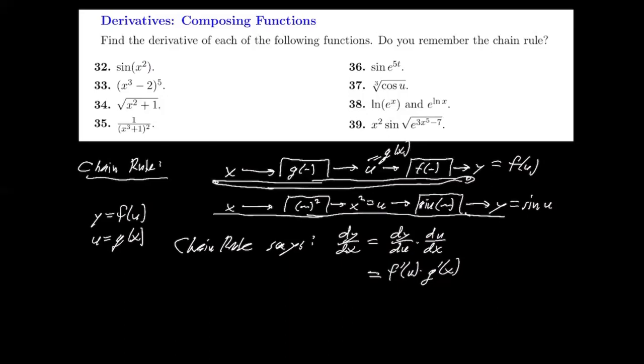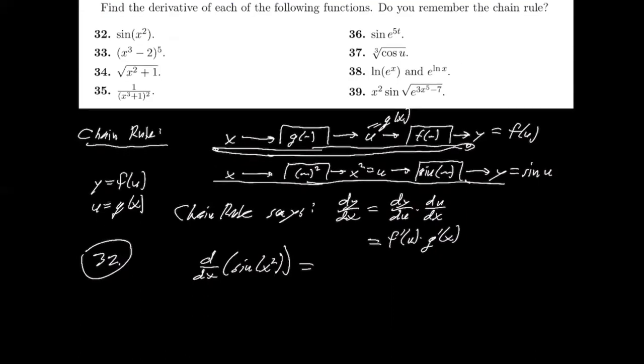Okay, so what's f prime of u? Looking at 32 explicitly now, the derivative of sine of x squared: the f in this case is the sine, and you're supposed to think of u as equal to x squared.